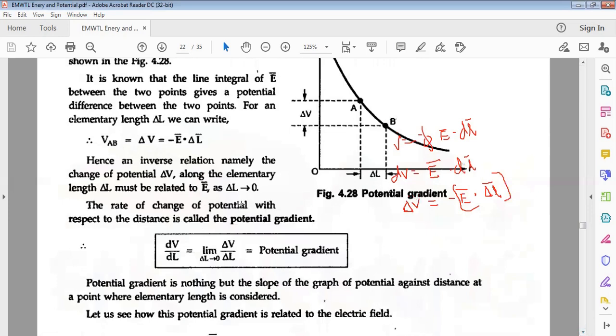So the rate of change of the potential with respect to the distance, that is, dV with respect to the distance dl, is called the potential gradient.